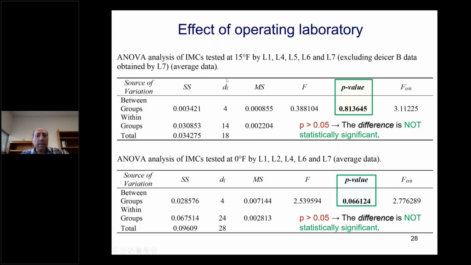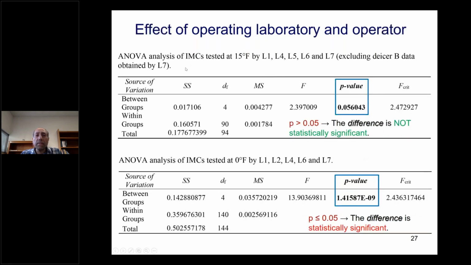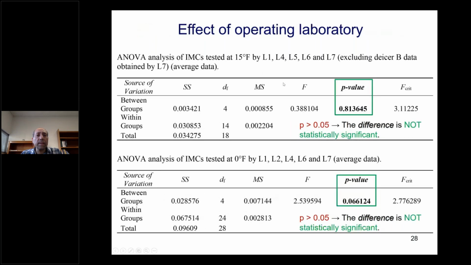In the previous slide, as you can see, we used individual data, but in the next slide, we use average data to do the ANOVA analysis. If we use average data, the p-value for 15 Fahrenheit is again much higher than this limit.